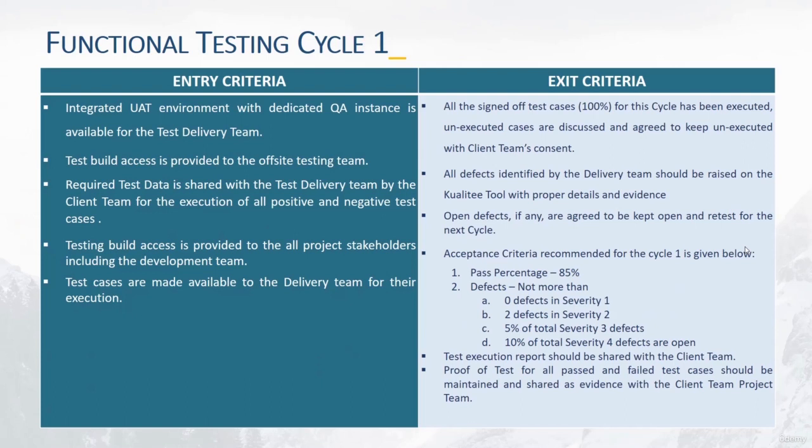Similar is the way we are specifying the entry criteria for functional testing cycle 1, and then the exit criteria. The primary objective of specifying all these activities is that we are minimizing our risk factor, and we are presenting everything in our test plan, that this is our complete game plan. And when do we stop testing?